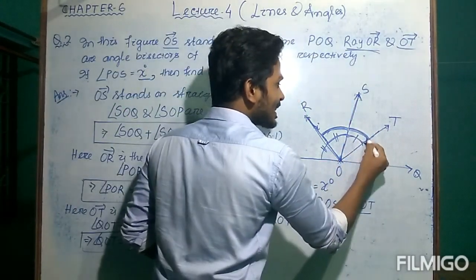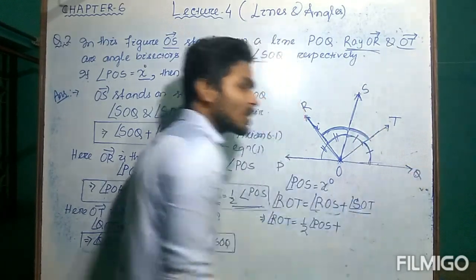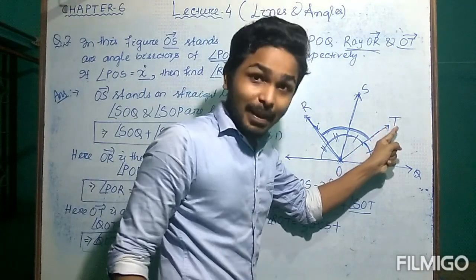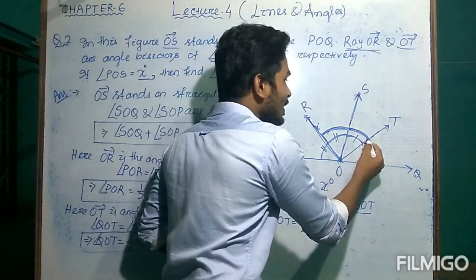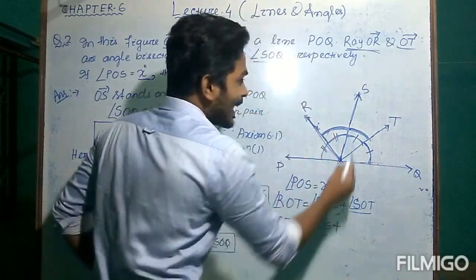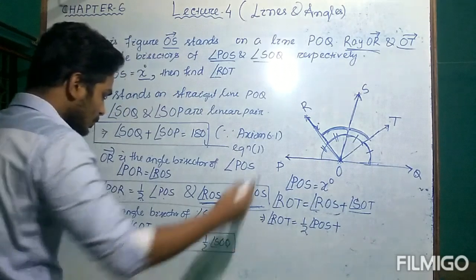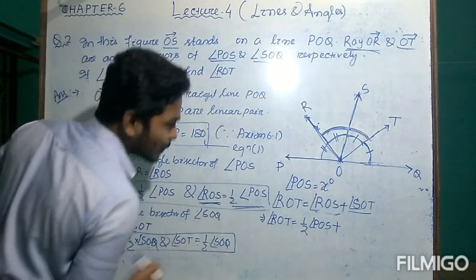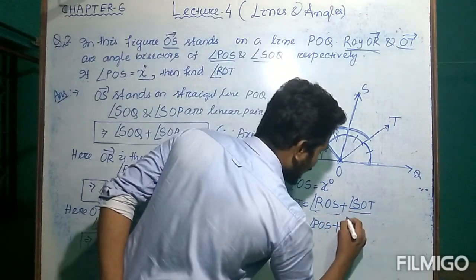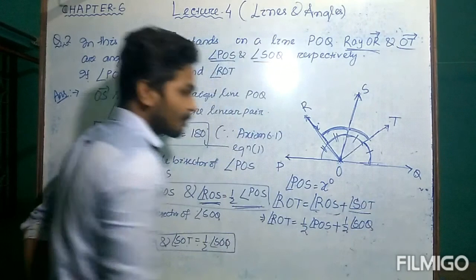SOT angle, this angle is also the half of the total angle SOQ or not? Yes, because OT is the angle bisector which divides the total angle into 2 equal halves and SOT is 1/2. So you can write SOT is equal to half of the total angle SOQ because we get it from this. So in the place of SOT you can write half of SOQ.